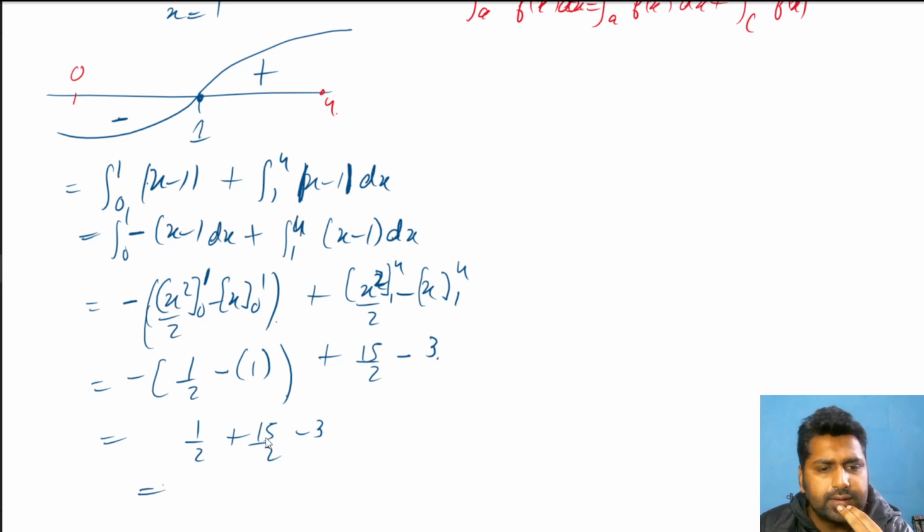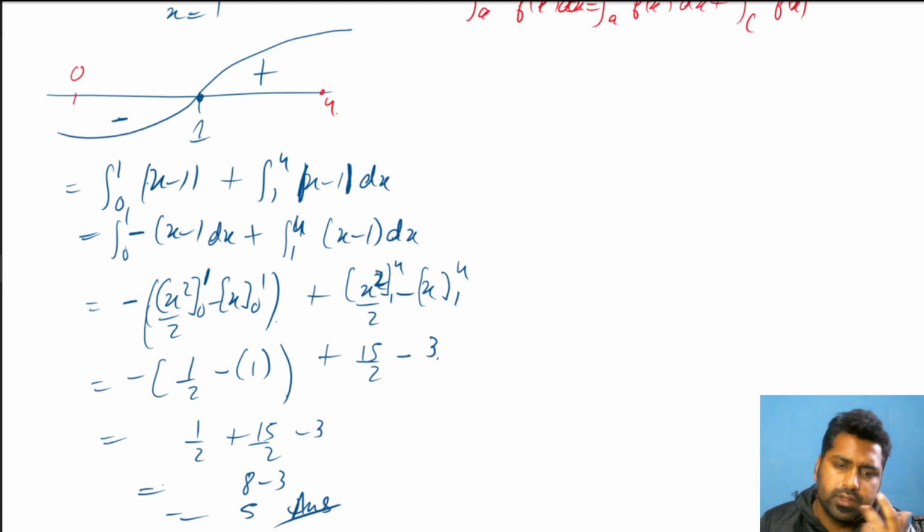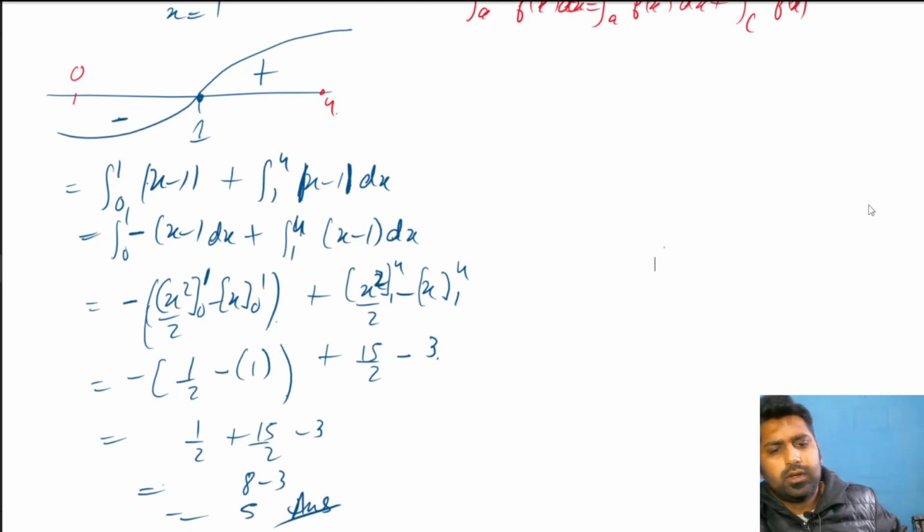So, oh, it's correct, 16 by 2 is 8 minus 3, that's 5, that's correct, okay, yeah. All right, we're done with this.